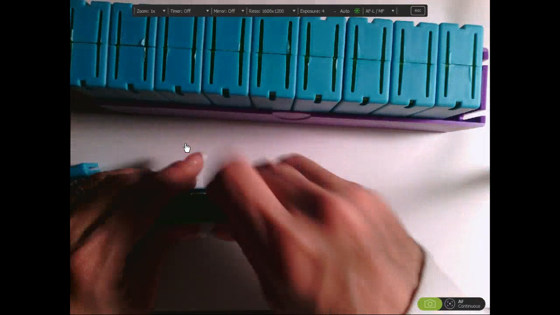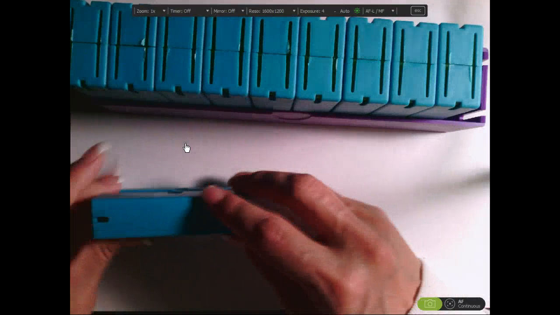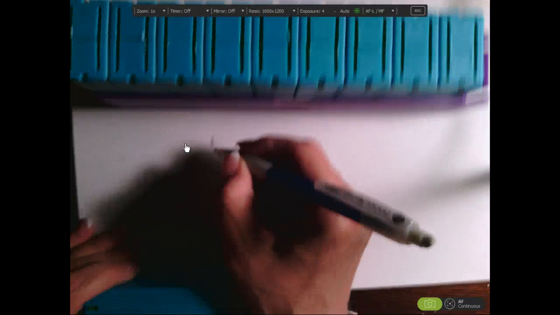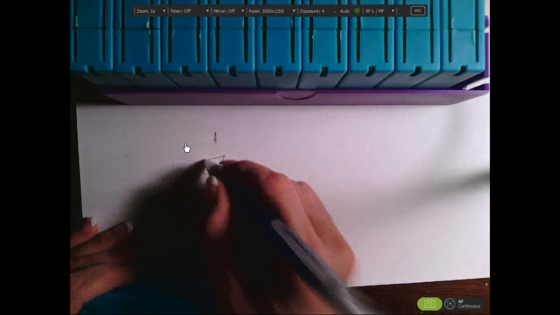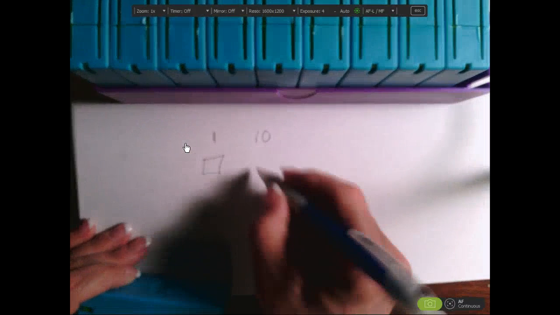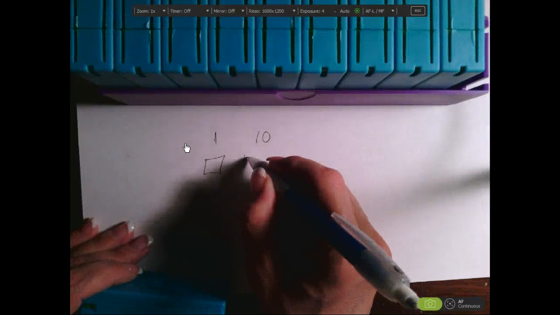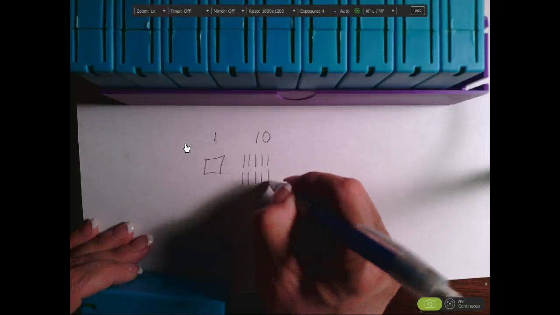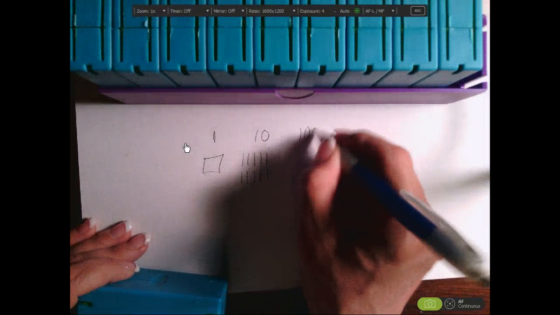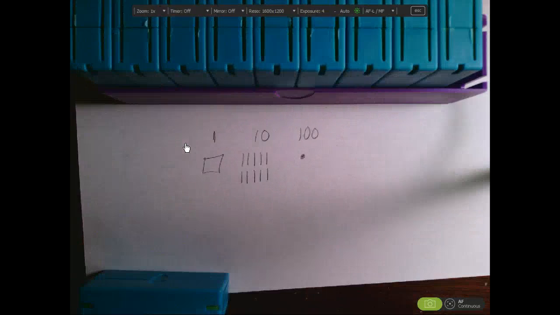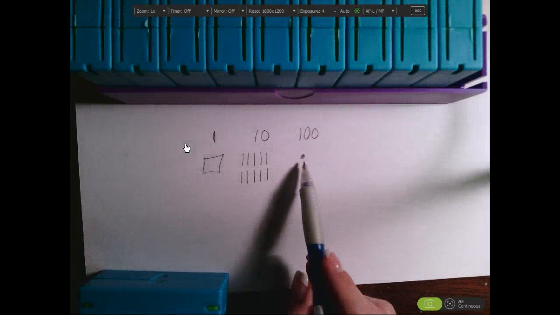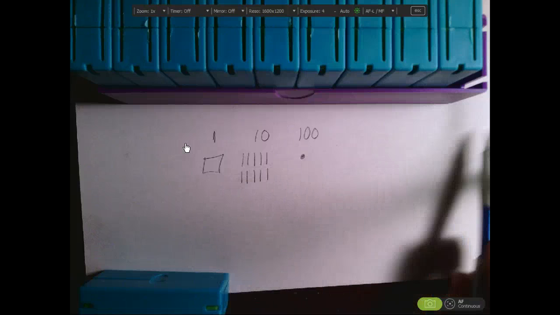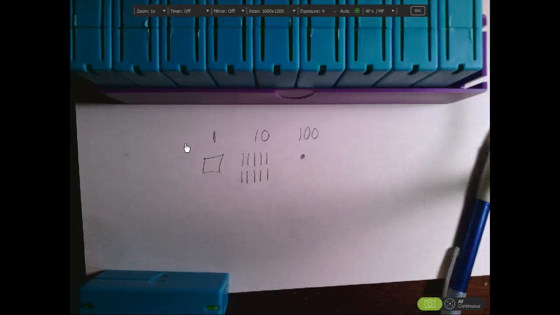But is there another way to make 100 without it simply being one group of 100 or 10 tens, and we could do it like this: 10, 20, 30, 40, 50, 60, 70, 80, 90, 100, or 100 ones. And I'm not going to draw 100 of those, but you know it would take a very long time. So these are all different ways to make 100, but is there any other way?